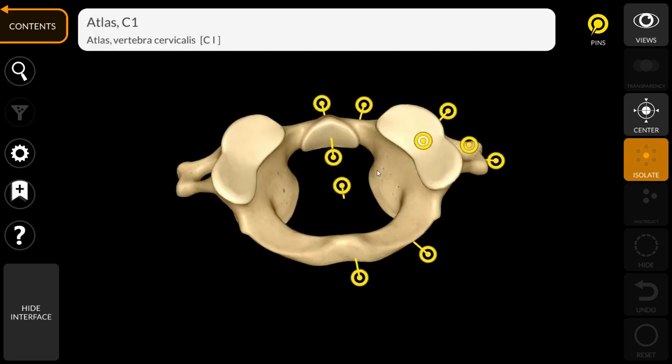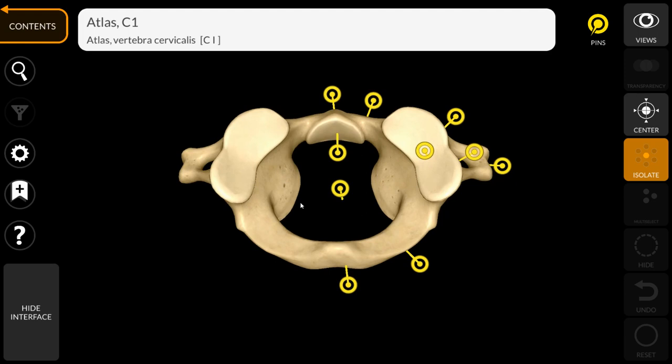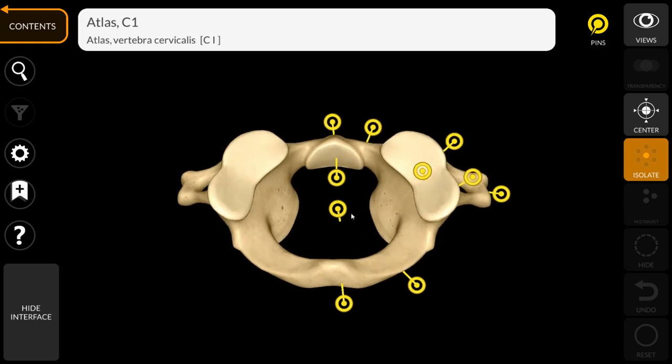Number two, it has two structures bilaterally, left and right, known as the lateral mass.